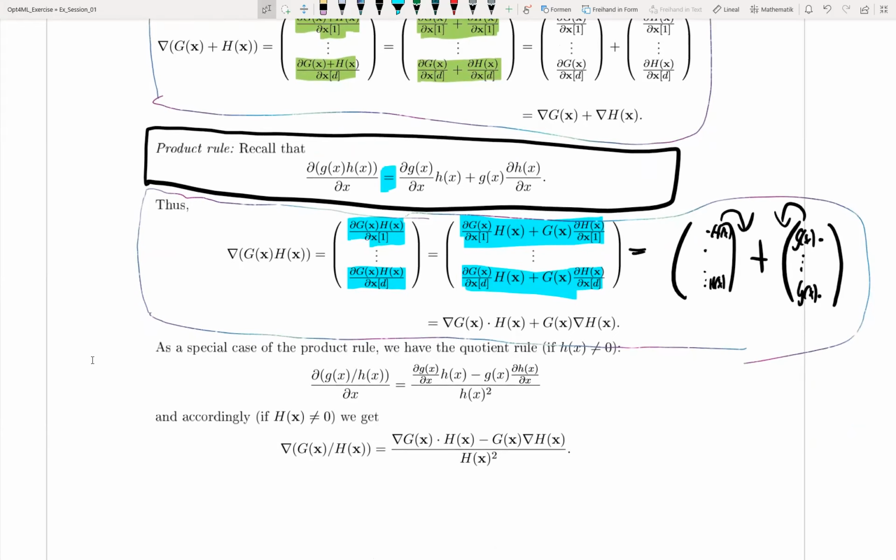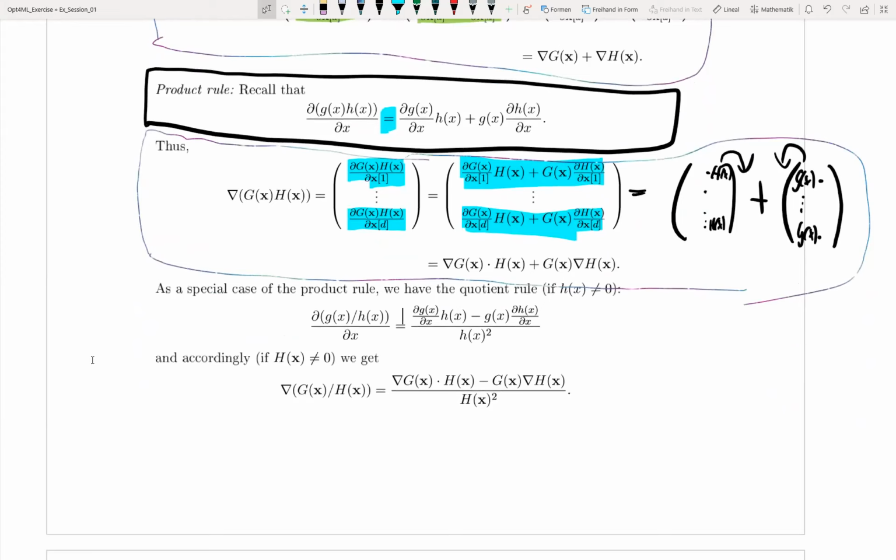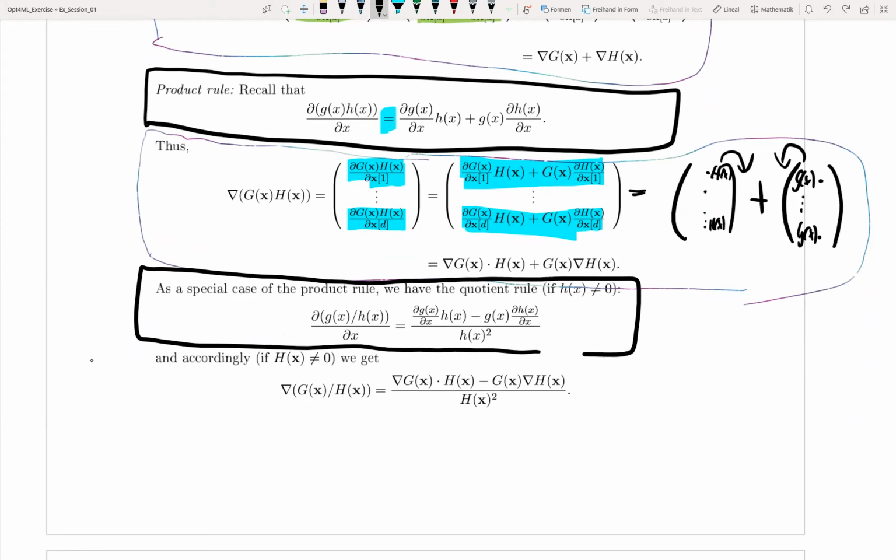Okay, and since we are now at the product rule, and one way to derive the quotient rule is the product rule, now we will also take a look at that. So what is the quotient rule, or ratio rule?